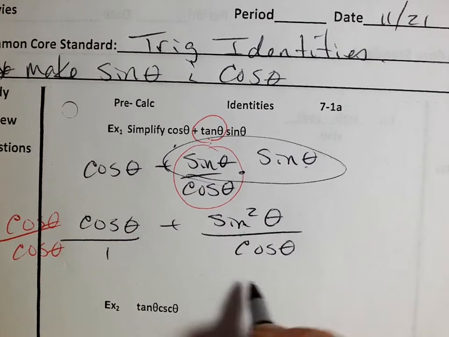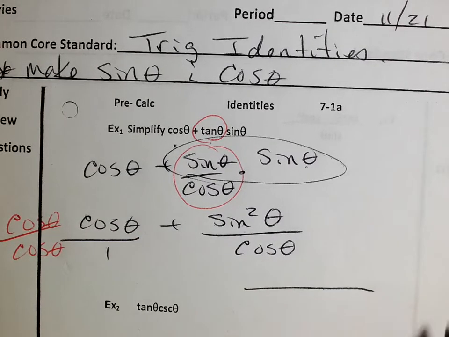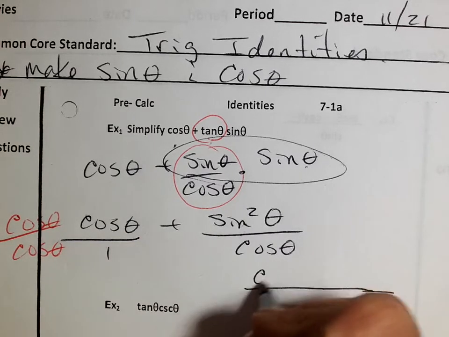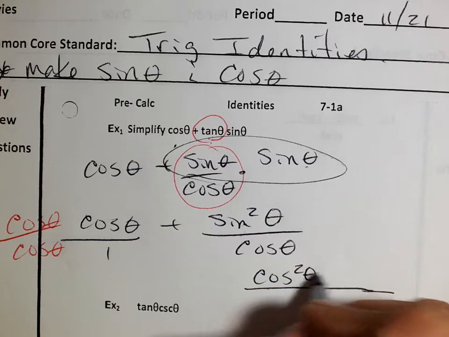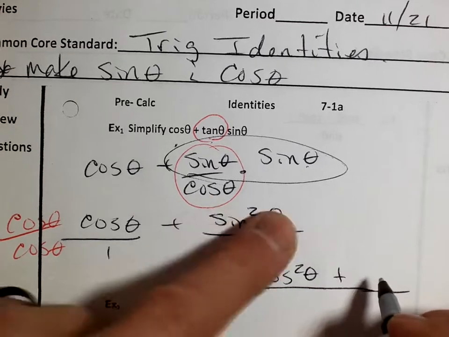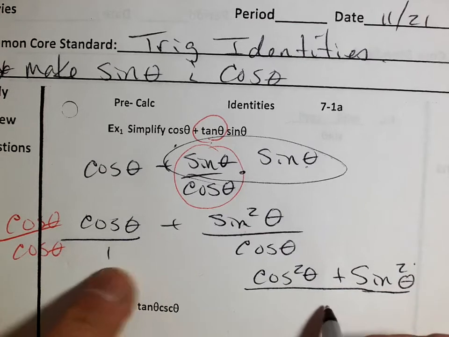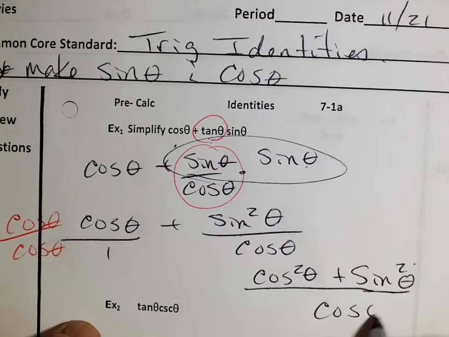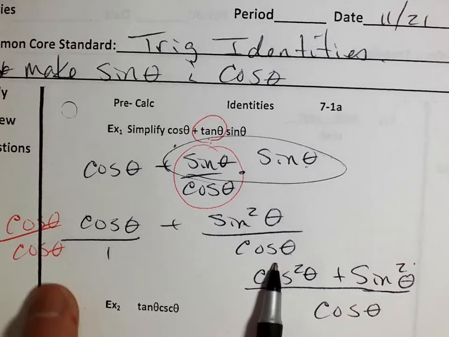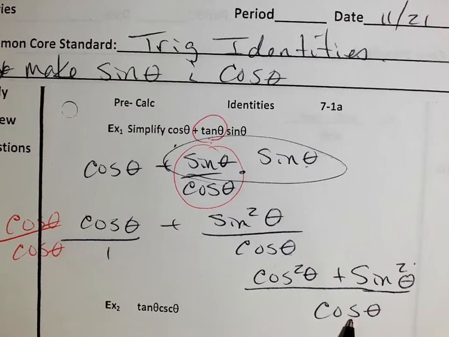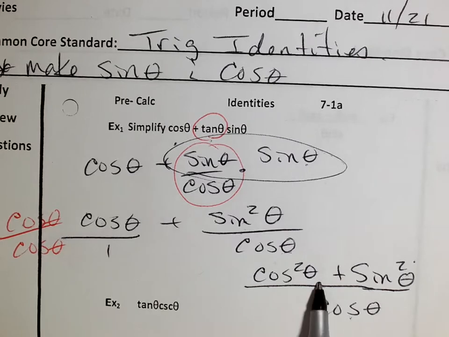That's going to give me cosine squared theta plus sine squared theta over cosine theta. So here's what I did. I've got my common denominator, which is cosine. Cosine times cosine is cosine squared.